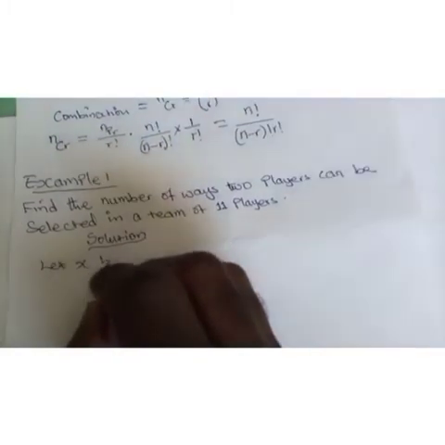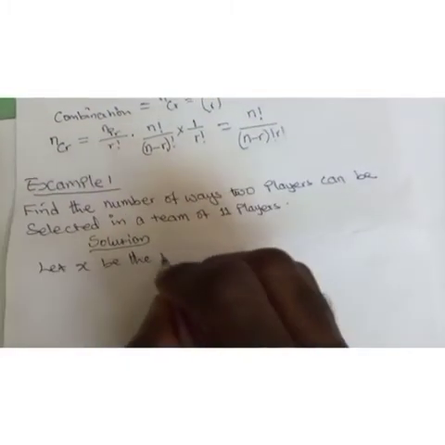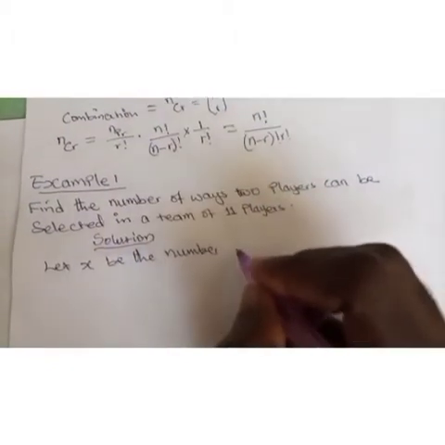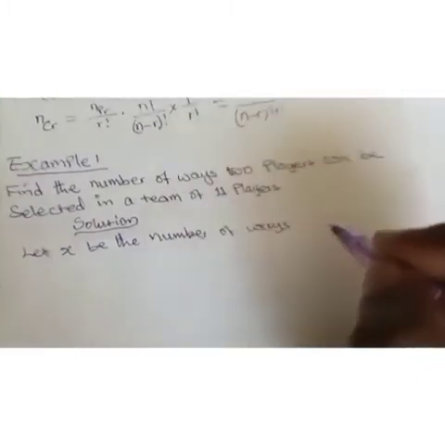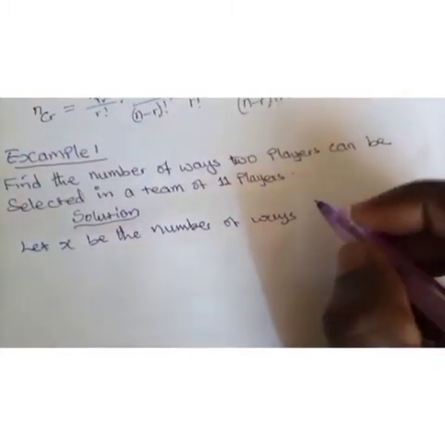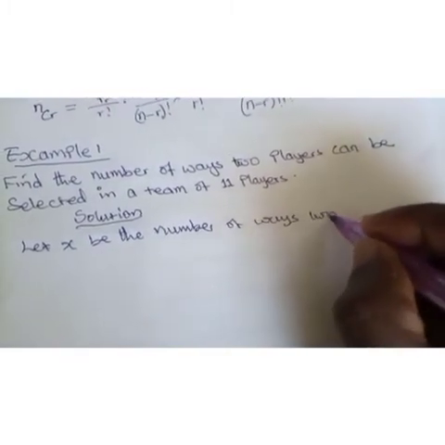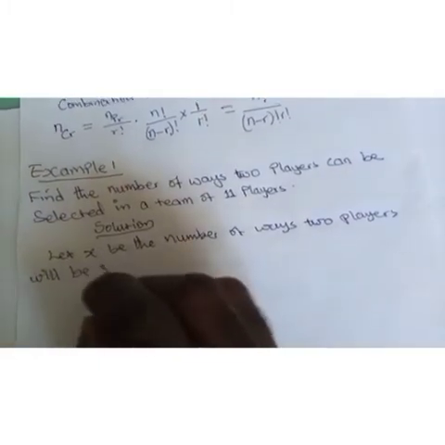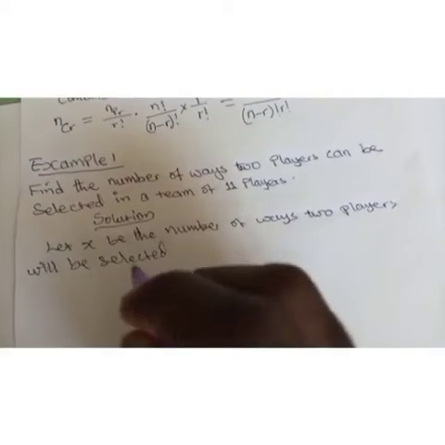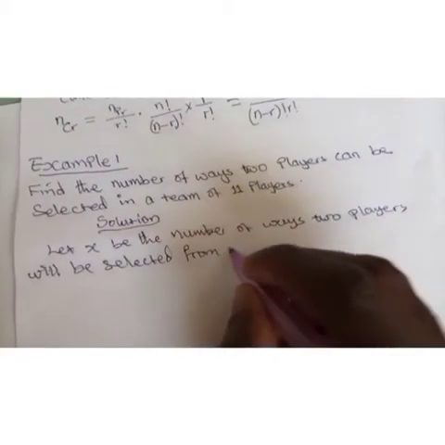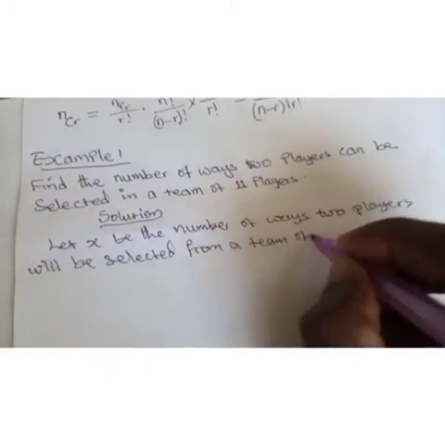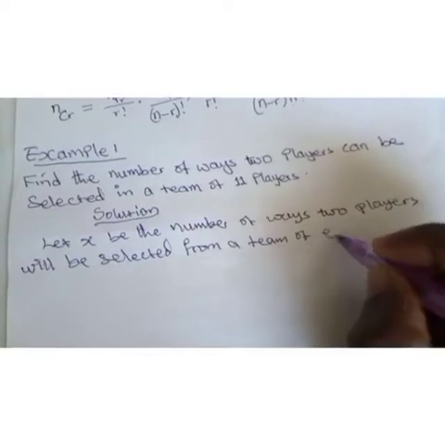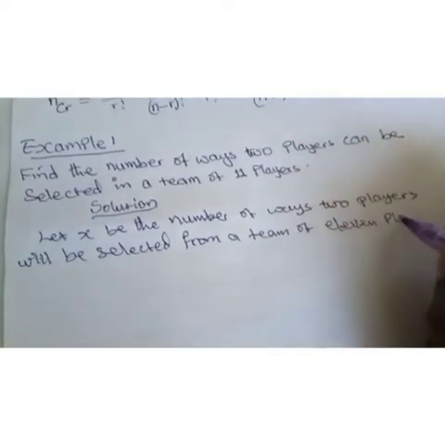Let x be the number of ways 2 players will be selected from a team of 11 players.